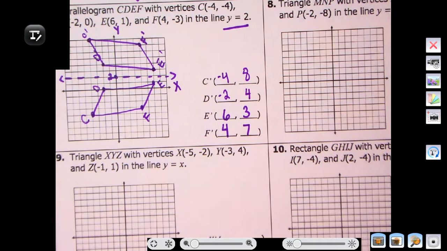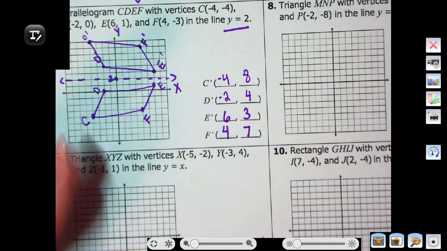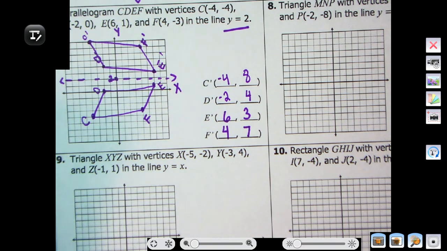So that's a reflection over the line y equals 2. So really it's just being careful with counting all of your units. All right, so I'll have you try 8.